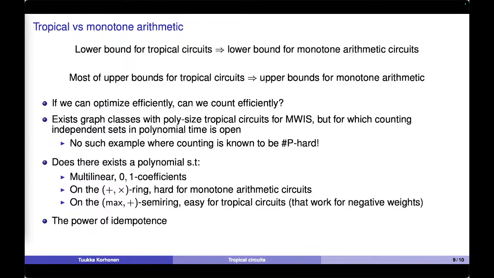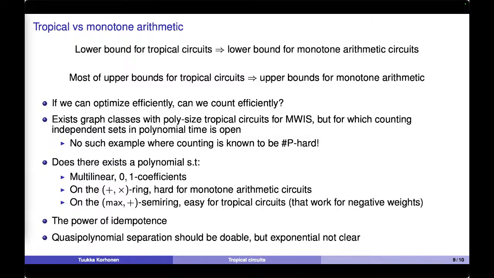This is about the power of idempotence in monotone computation. What more power does a tropical circuit have compared to monotone arithmetic circuits? It has idempotence, so x plus x equals x, which doesn't hold in monotone arithmetic. I haven't proven this, but I think a quasi-polynomial separation should be doable.